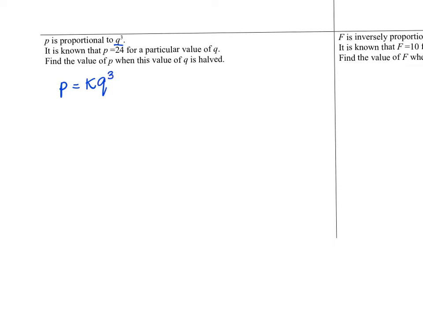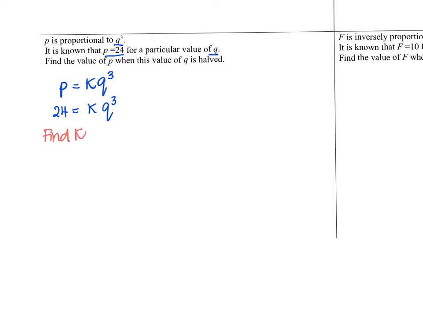It is known that p equals 24 for a particular value of q. So that means I'm going to use this to find k. So p equals 24, k, and now q is q cubed. So this is a particular value of q. I'm not sure what this value is, but I'm just going to keep it as q. Now our objective here is to find k.